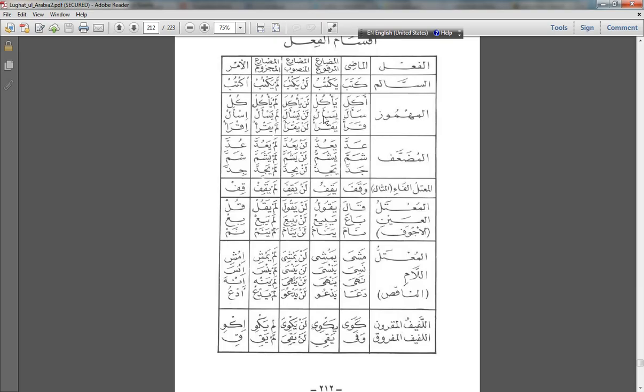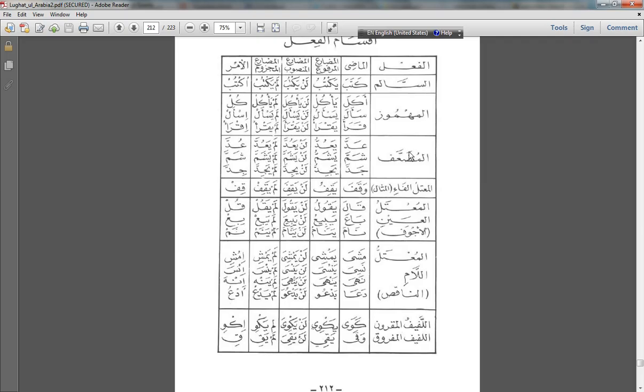Sa'ala, yas'alu, lan yas'ala, lam yas'al, is'al, and also the word sal is used. Again, to learn the rules related to that, you can refer to the book of morphology in the advanced section of the website. Qara'a, yaqra'u, lan yaqra'a, lam yaqra', iqra'. So this is mahmuzul lam, the third radical.